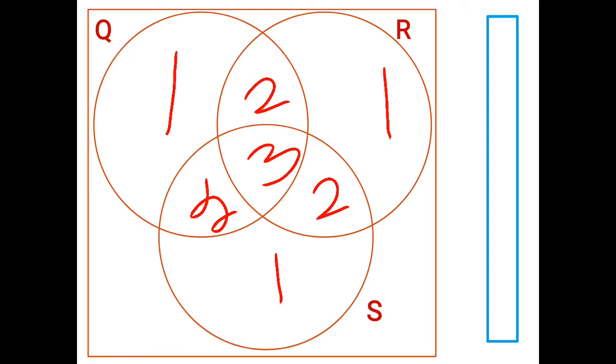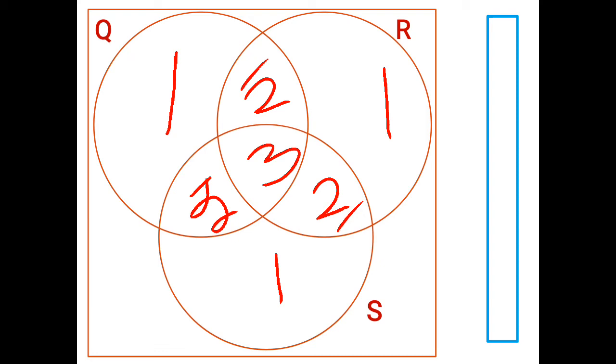So at least 2 means pick those who read 2 and above. At least 2, meaning the minimum should be 2. So those who read 2 and above, we have already established that all the parts I've written 2 are the sides that are for only 2. Right? So we pick those sides, we add them. But the question said at least 2, meaning 2 and above.